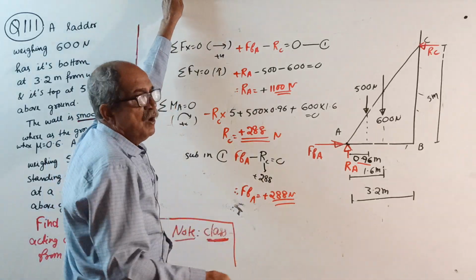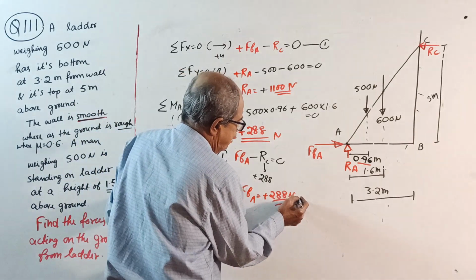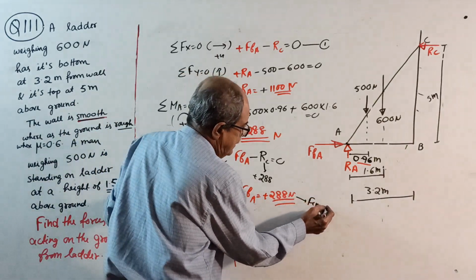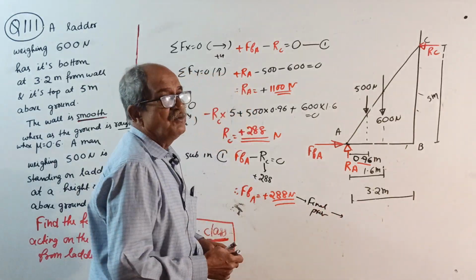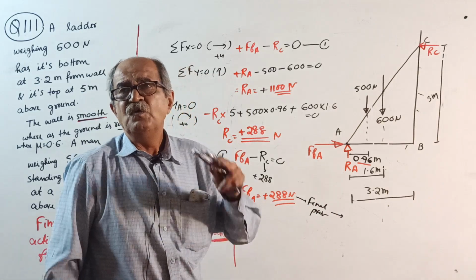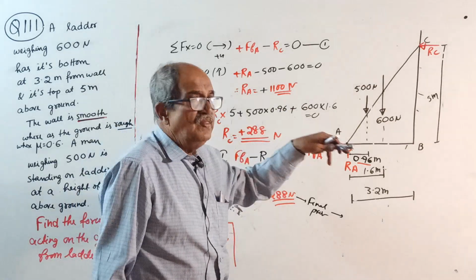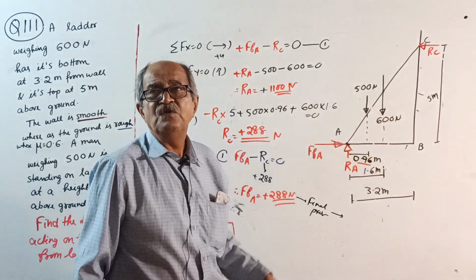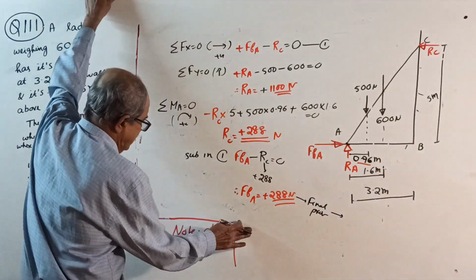Now, the final presentation is required. That is, by a sketch, you have to show forces acting on the wall and ground from the ladder. I think I can write right here, no problem.